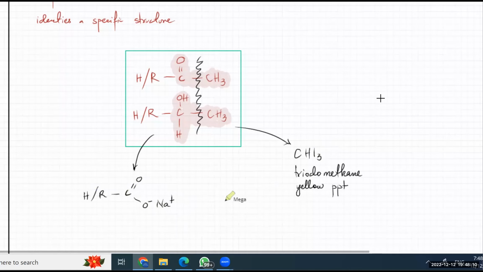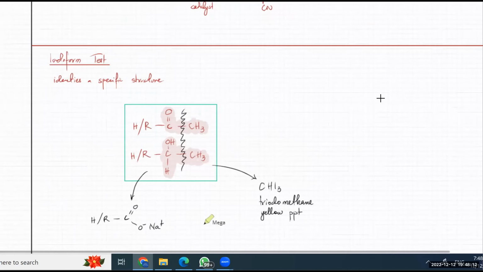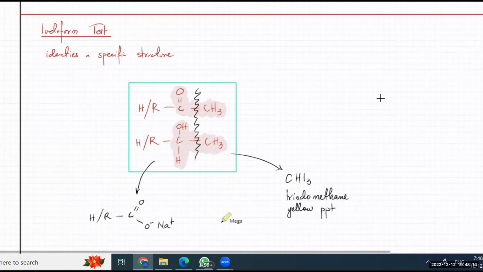And the conditions needed for this iodoform test are NaOH aqueous plus iodine. That's the conditions.